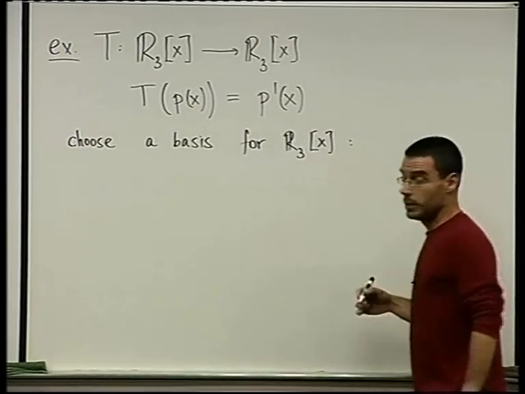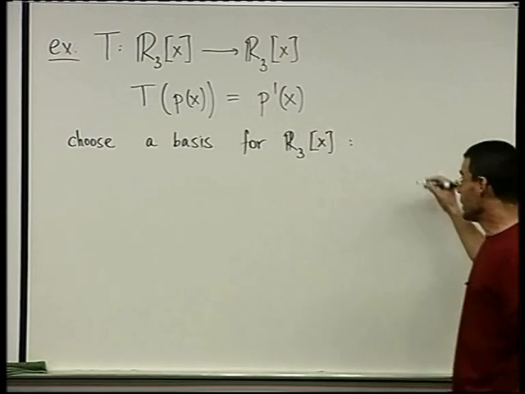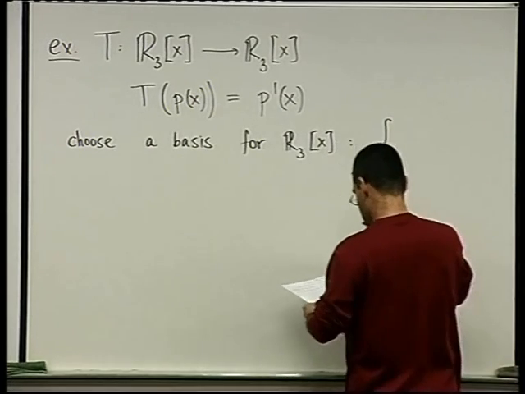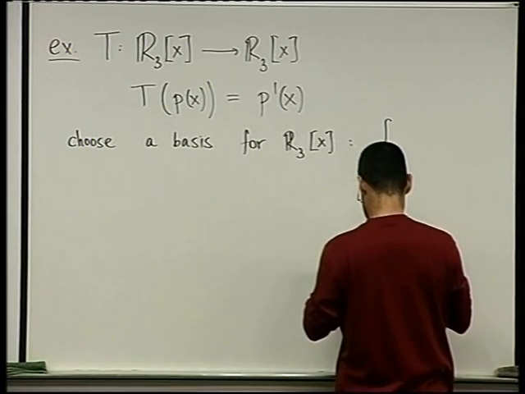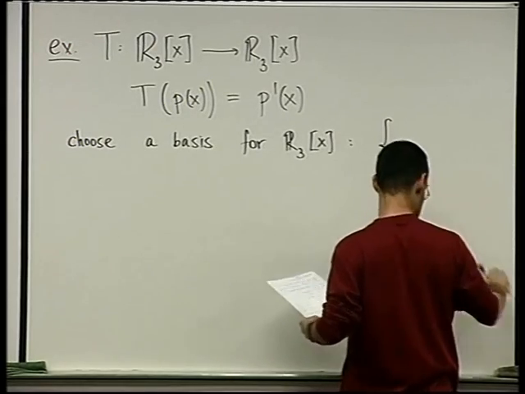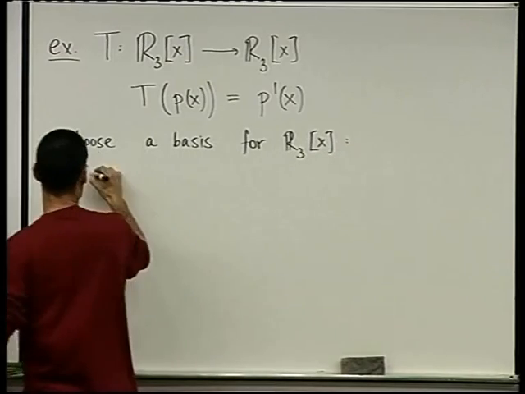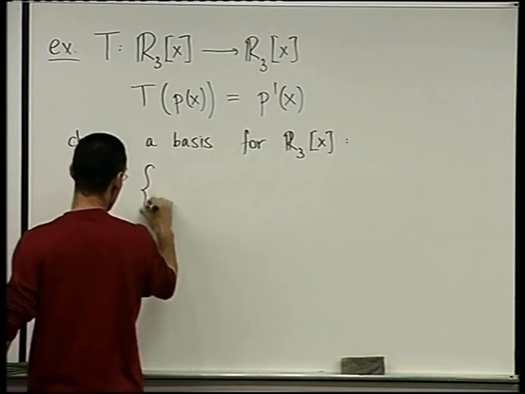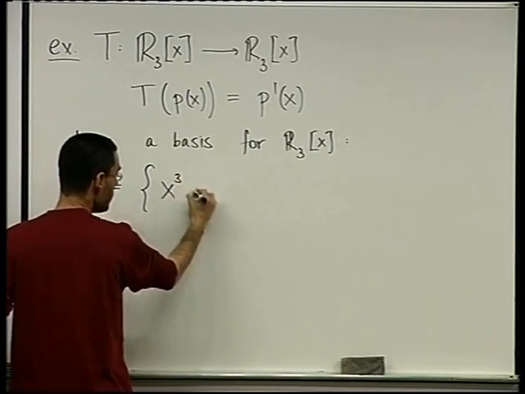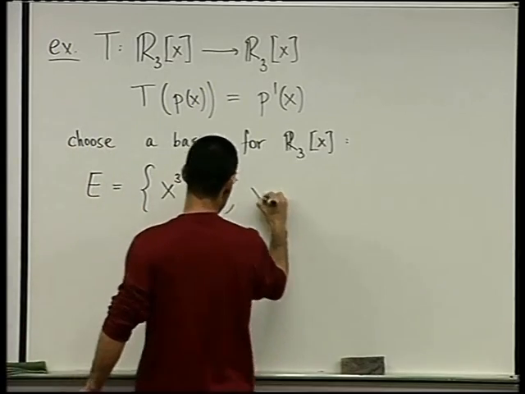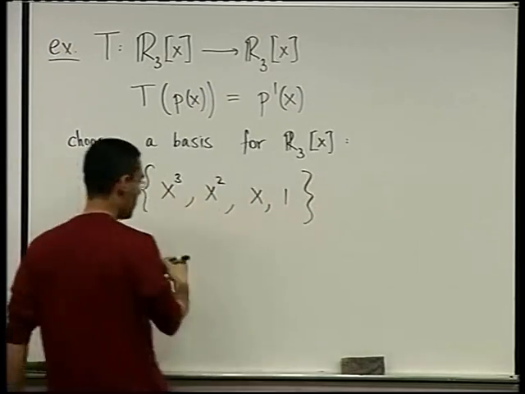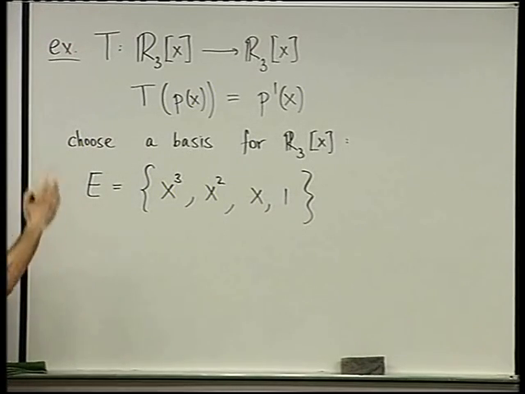And we're going to choose, naturally, the standard basis. The standard basis is, let's call it E. We're going to call it E, and E is going to be x cubed, x squared, x, and 1. That's the standard basis for our space.